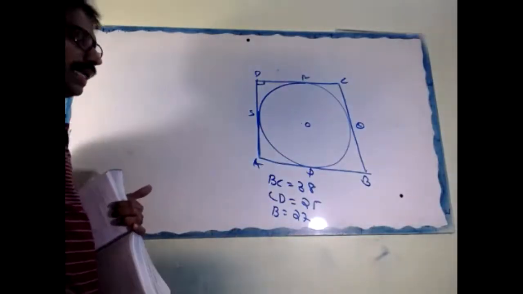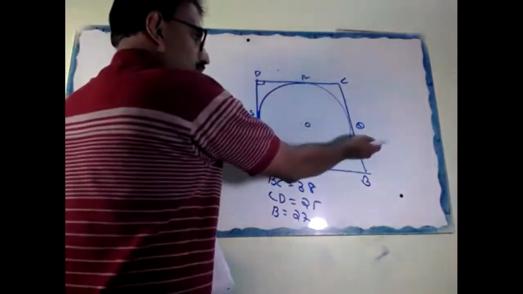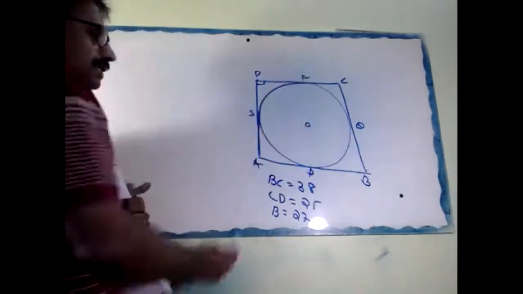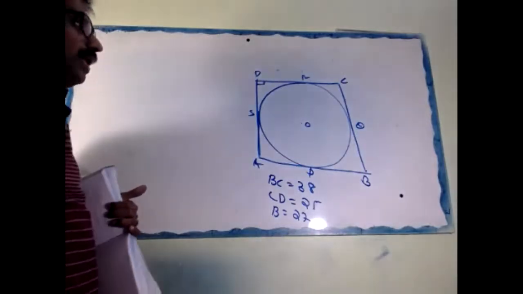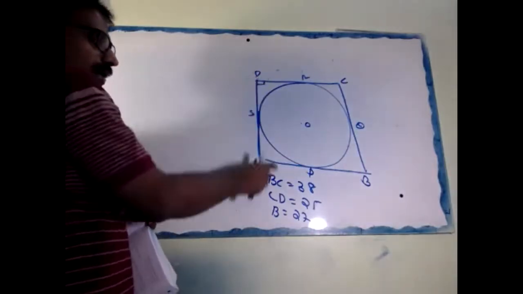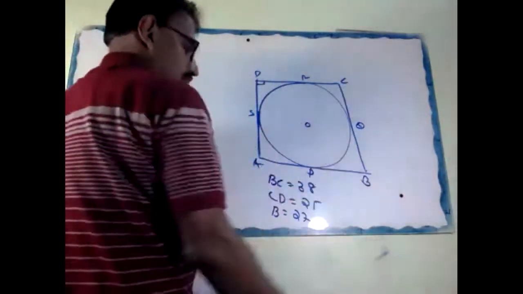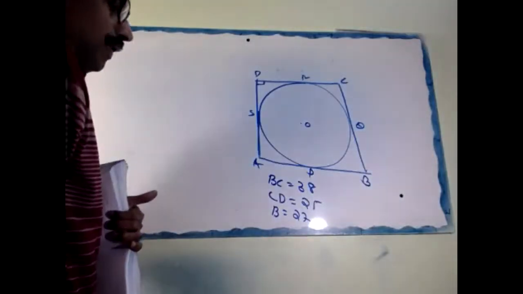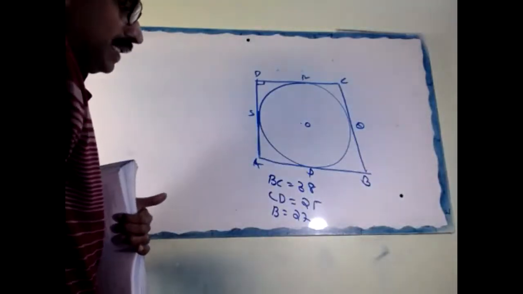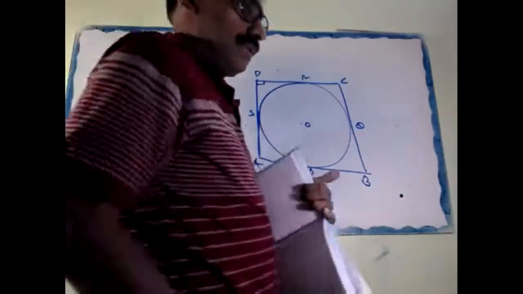A circle touches the sides AB, BC, CD, and DA at PQRS respectively, angle D 90 degree, and BC equal to 38, CD equal to 25, BP equal to 27. Find the radius.